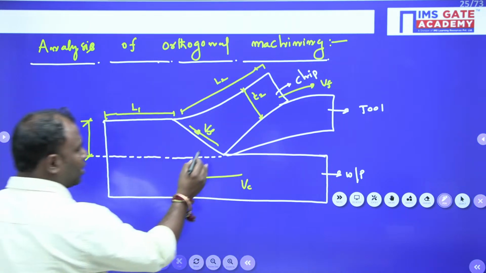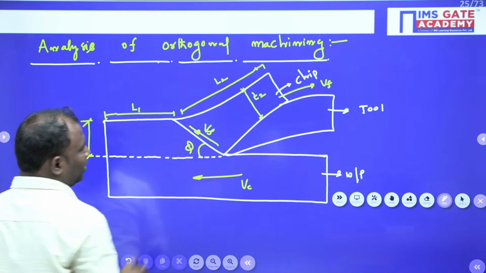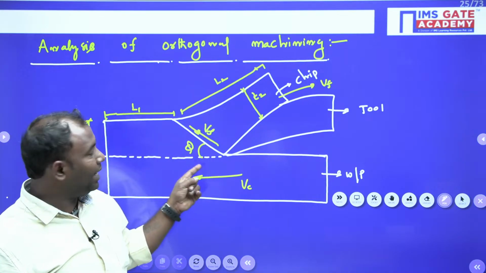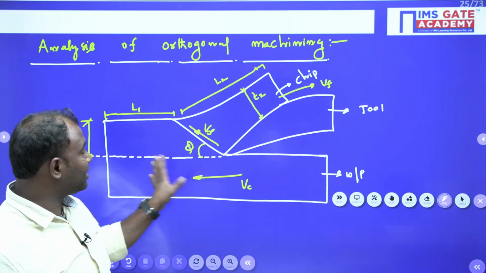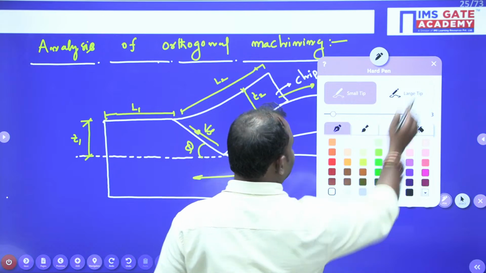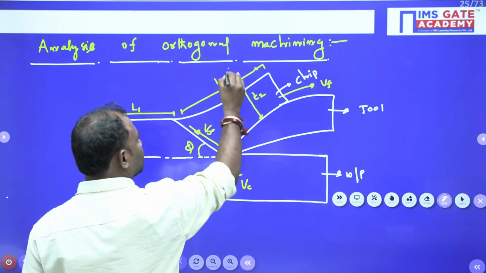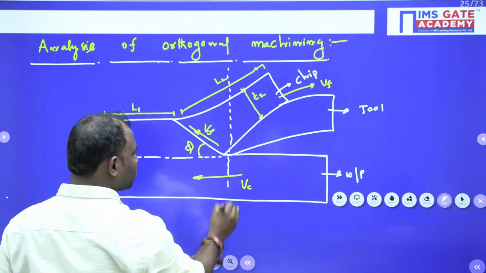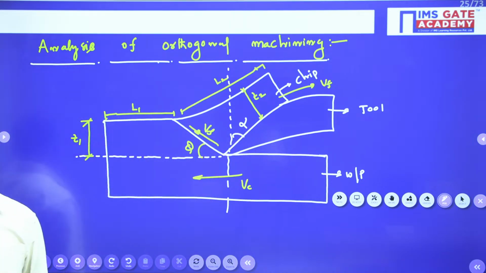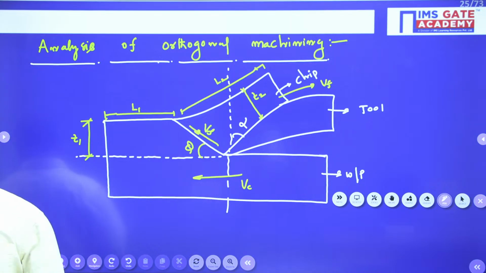Now this angle we call the shear plane angle. So the shear plane makes an angle to the horizontal plane or to the cutting axis, and it is considered as the shear plane angle. Apart from all this, the rake angle alpha is there. This is your rake angle alpha. Hope you understand guys.